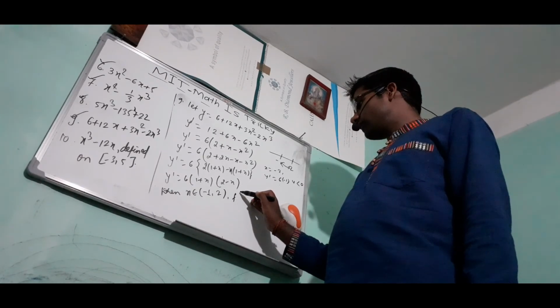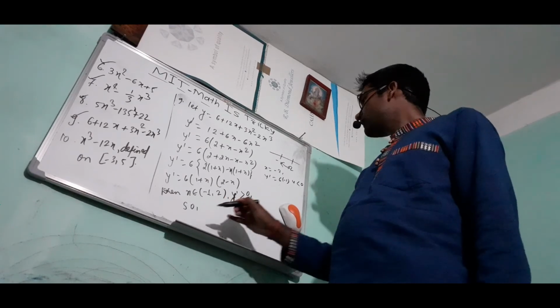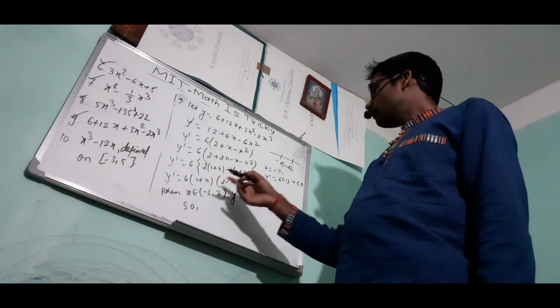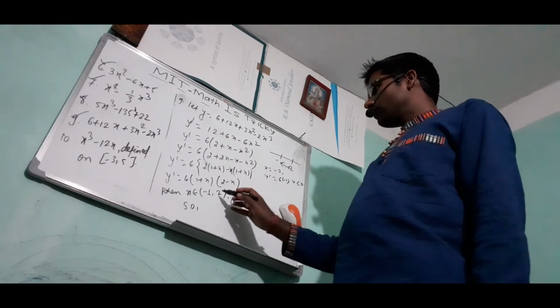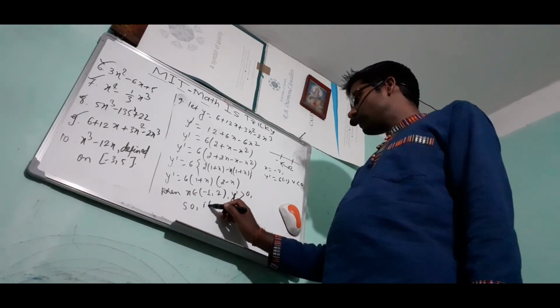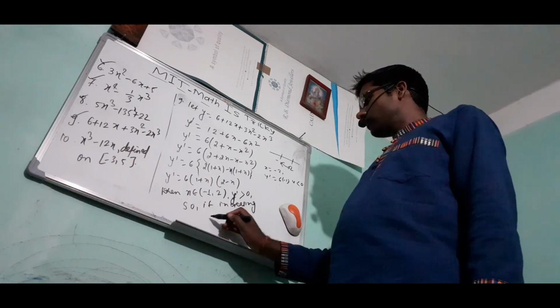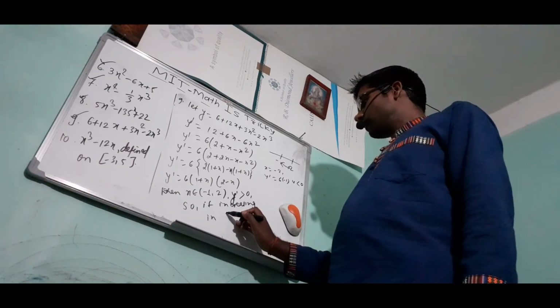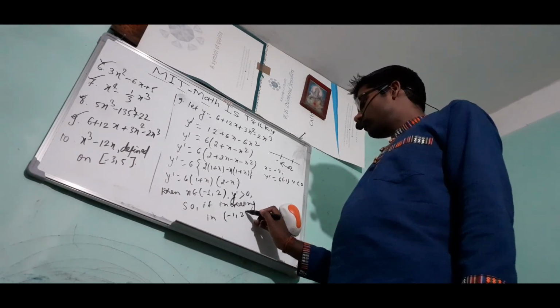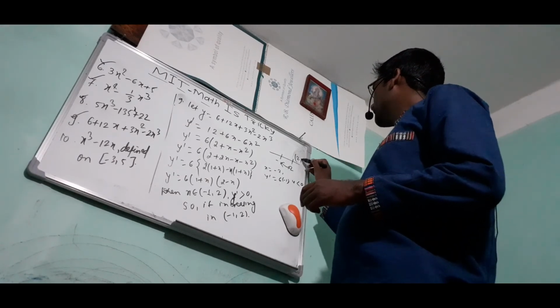If y dash is positive, so it is simply between these two, 0 gives a positive, so it is increasing in the interval minus 1 and 2. So I can check here for the last one, 2 to infinity.